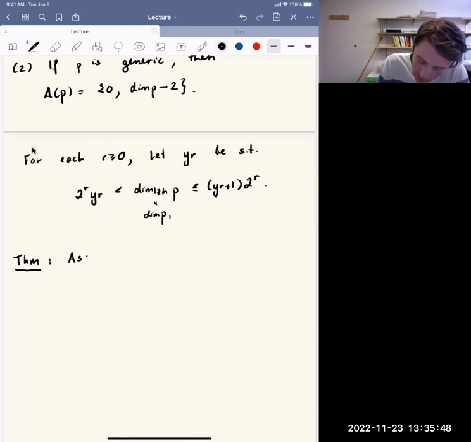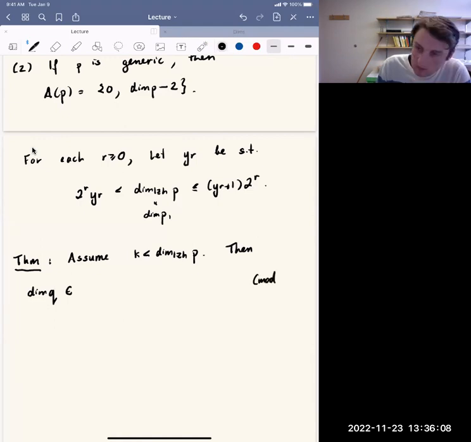So in order to get something non-trivial, we have to assume that k is sufficiently small. And here that means that k is strictly less than the Izhboldin dimension of P. Then the possible values of the dimension of Q are as follows. So in the first conjecture, I was working modulo 2 to the s plus 1.